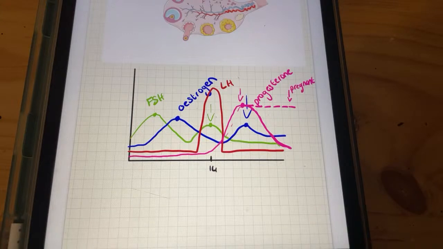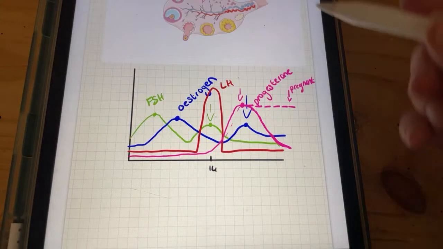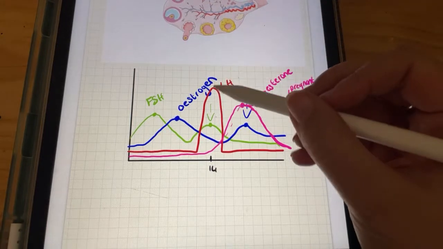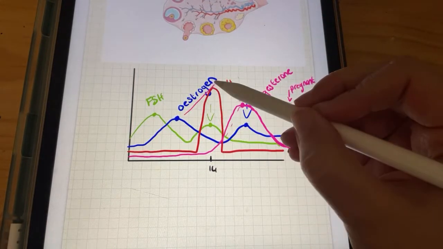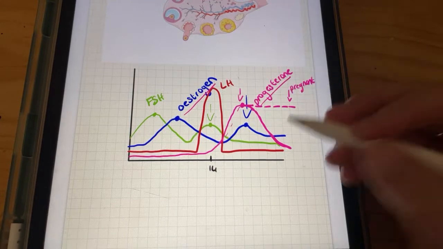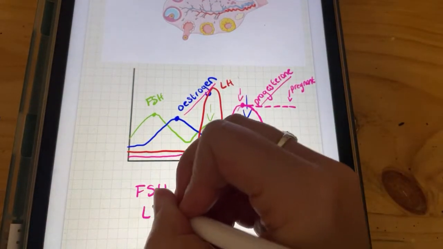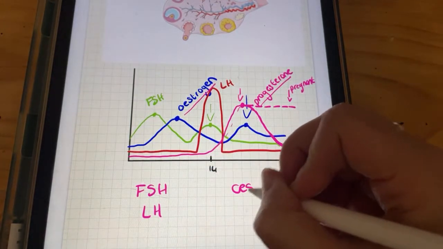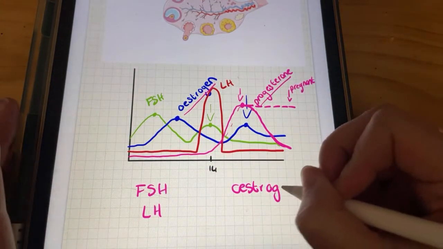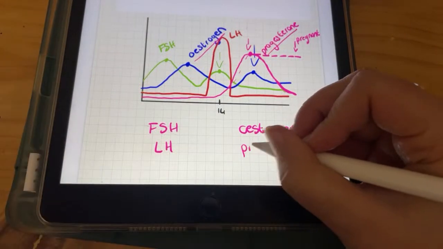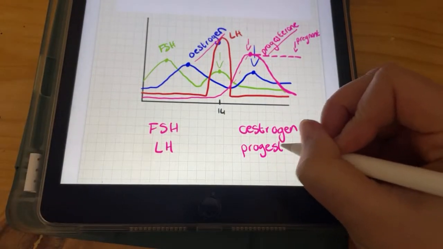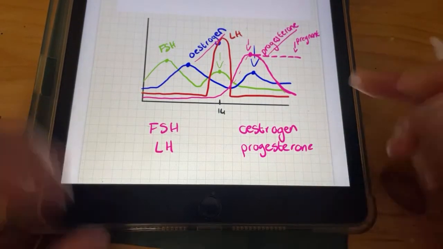Mel asks, when will the FSH and LH levels decrease? I mentioned it a little bit earlier, but they decrease when estrogen and progesterone increase. So if you put them in two camps, like this, let's make it super simple. You group them together because that's how they work.